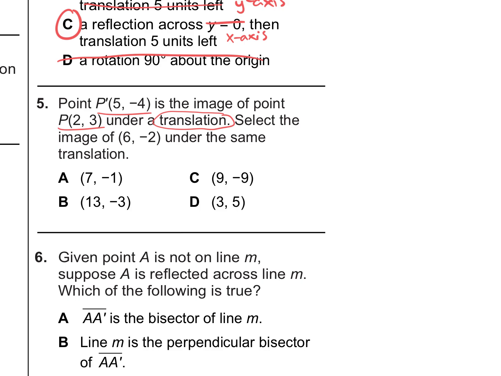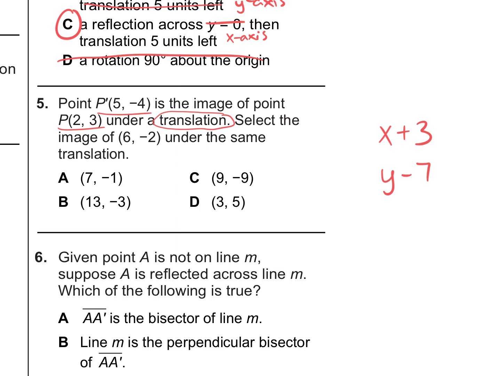From my original point here, I'm going from x to x, y to y. How did I get from 2 to 5? Plus 3, right? So I took my x plus 3. How did I get from 3 to negative 4? Y minus 7. So what I just made right there is the rule.